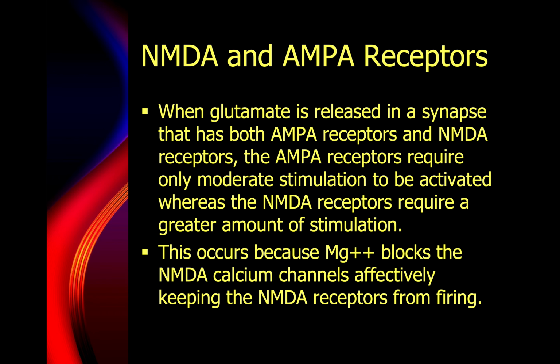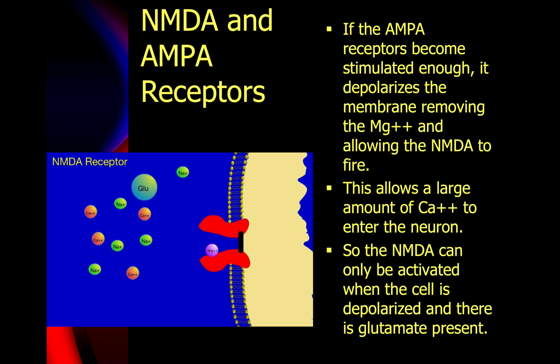When glutamate is released in a synapse that has both AMPA receptors and NMDA receptors, the AMPA receptors require only moderate stimulation to be activated, whereas the NMDA receptors require a greater amount of stimulation. This occurs because magnesium blocks the NMDA calcium channels effectively, keeping the NMDA receptors from firing.